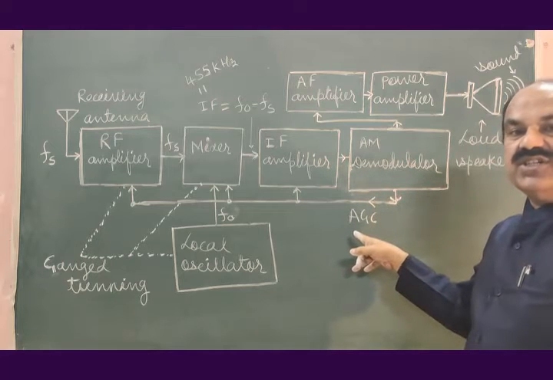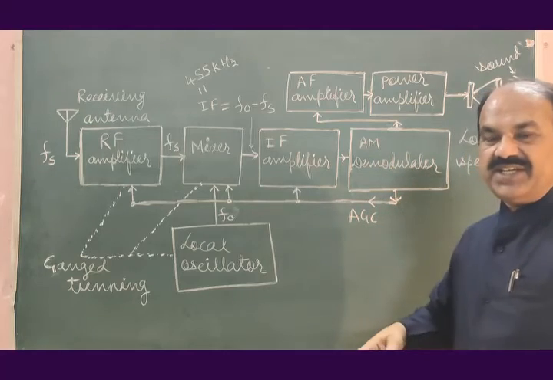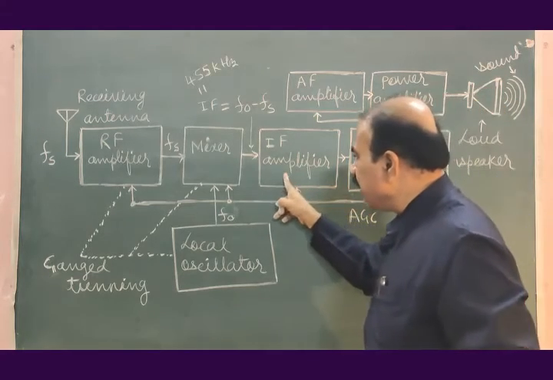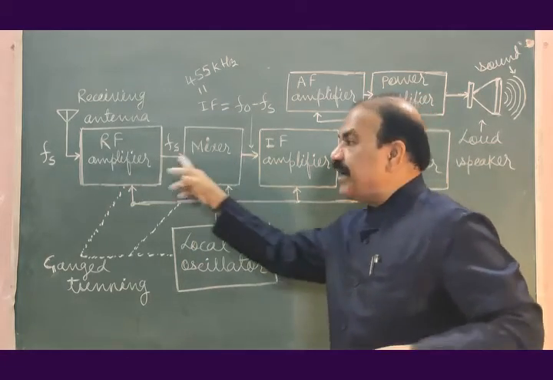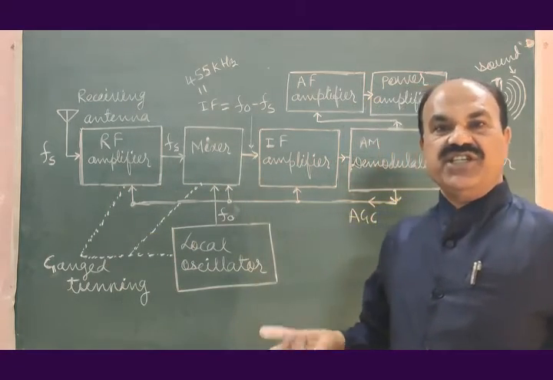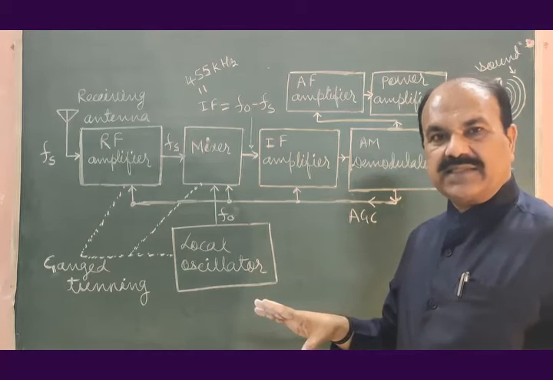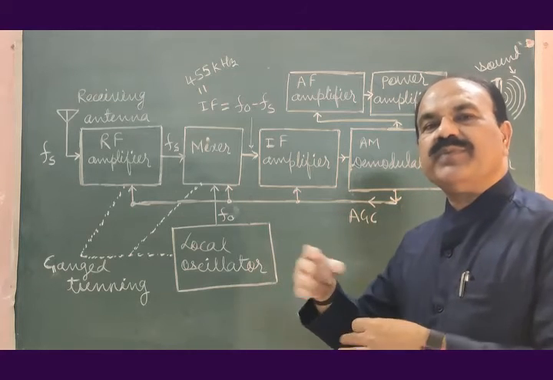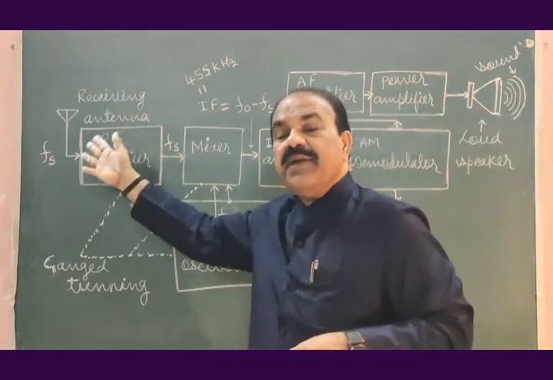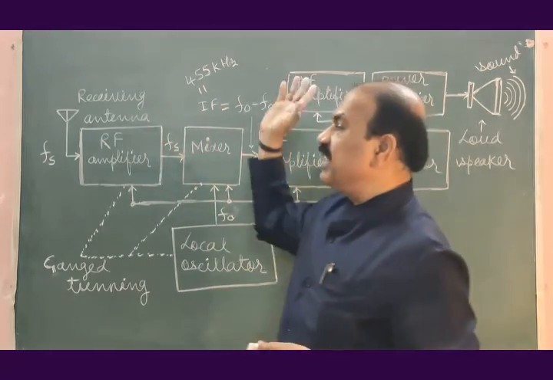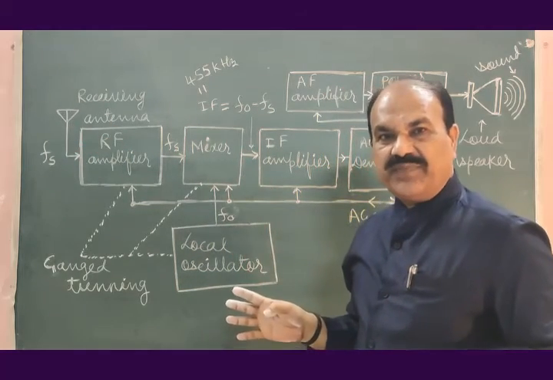Some portion of the output of the demodulator, which is a DC voltage, is given to the IF amplifier, mixer, and RF amplifier, so that the gain of these three will not change. It will remain constant, whatever radio station is selected, whatever the carrier frequency of that radio station.